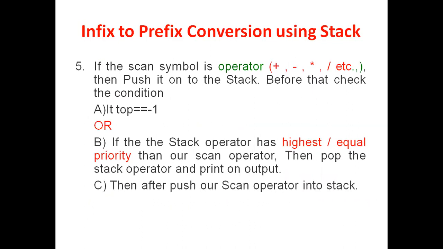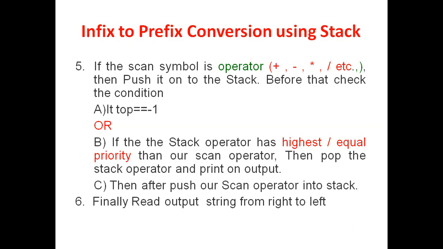So this is the algorithm for converting infix to prefix forms. Thereafter, if you have any operators left in the stack, simply pop the stack and print them in the output.